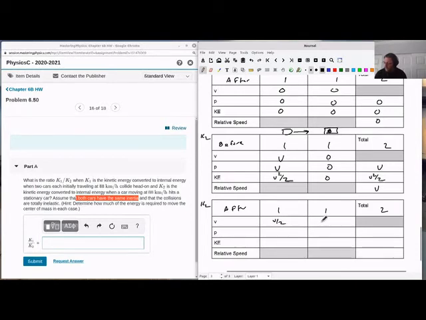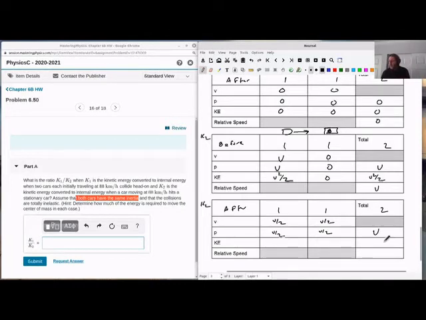So the momentum is v over 2 and v over 2, and the total momentum is v over 2. No, not v over 2, v. That's the only way that you can make the momentum be conserved if they're stuck together, is have the velocity get cut in half. We've seen that in a bunch of other kinds of scenarios.